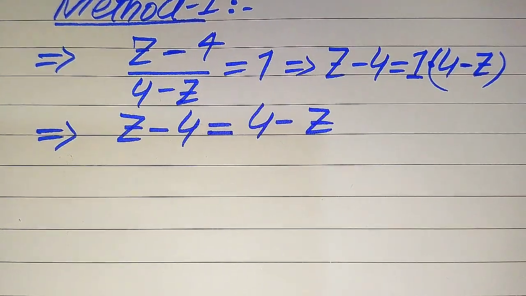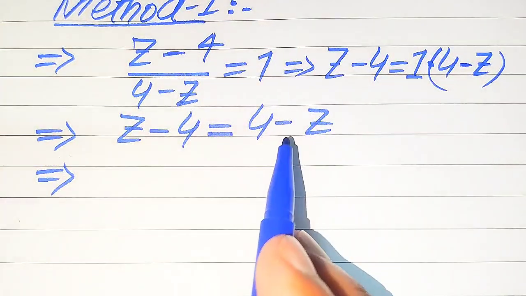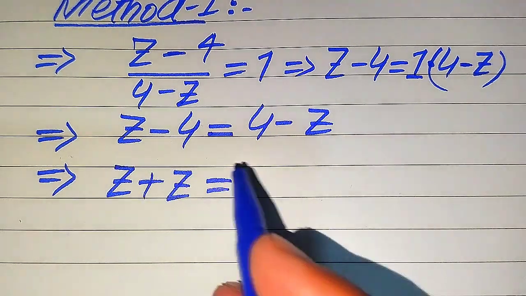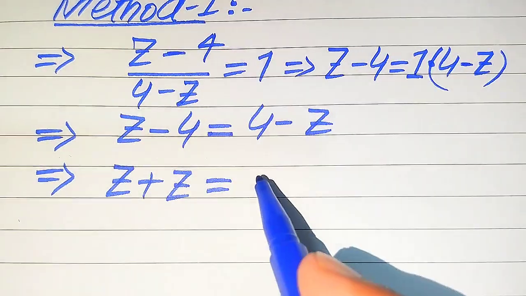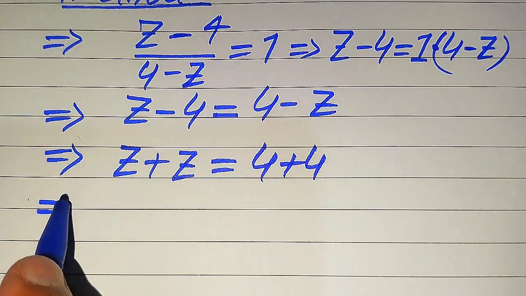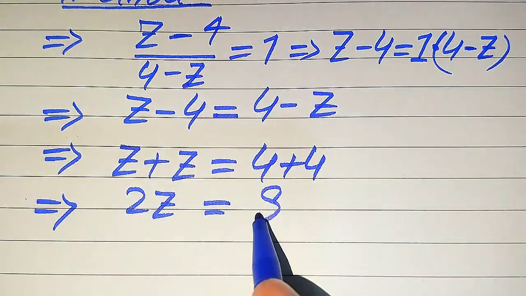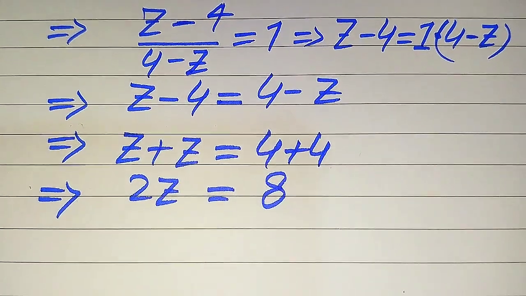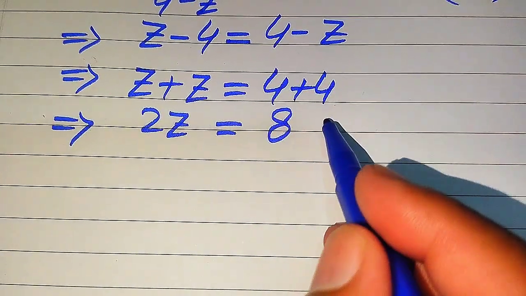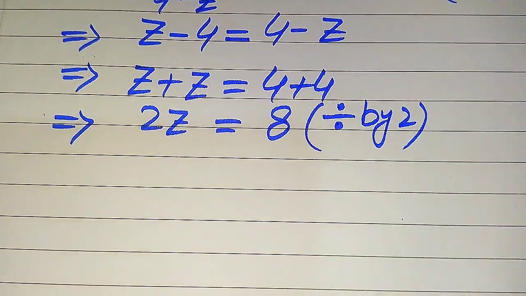Because we solve this problem for the values of z, we move the variable terms into the left hand side, and this is minus z. When we move it into the left hand side, it becomes plus z, and this is minus 4. When we move it into the right hand side, it becomes plus 4. And you see here we get z plus z becomes 2z, and 4 plus 4 becomes 8. Then we divide both sides by 2 in order to find the value of z.